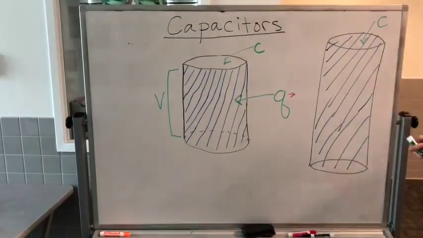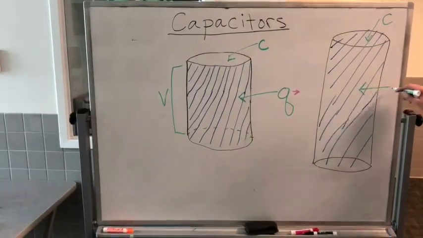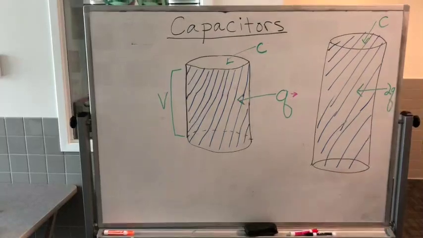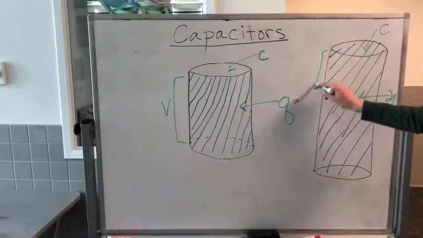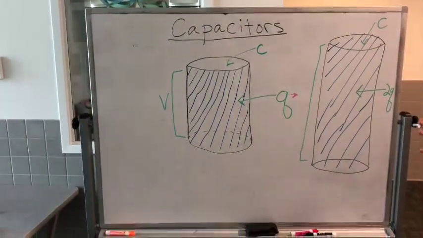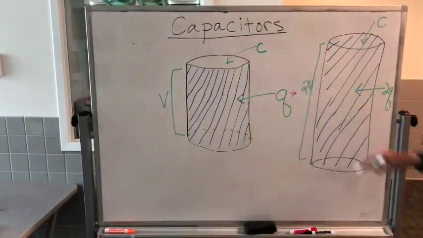And as we discussed earlier, we have 2Q as the amount of water or charge on the capacitor, and we can also see that the voltage, which we've discussed as the height of the water, will be 2 times the original voltage.